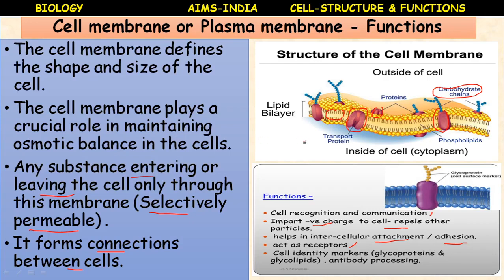So once again, let us recall the functions. Any substance entering or leaving the cell can do so only through this cell membrane. The uniqueness of the membrane is that it only allows certain particles to pass through it. Unwanted particles it will reject. That's why it is called a semi-permeable membrane, or a selectively permeable membrane. The exchange of substances also takes place through this membrane.